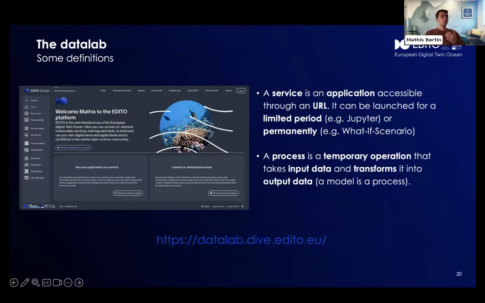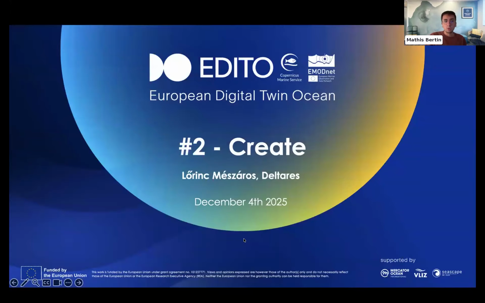It's a computation that you start, and it will finish once the computation is done. It can be a model, it can be some data analysis. You can imagine all kinds of computation that you will need to do onto data, or not even onto data.